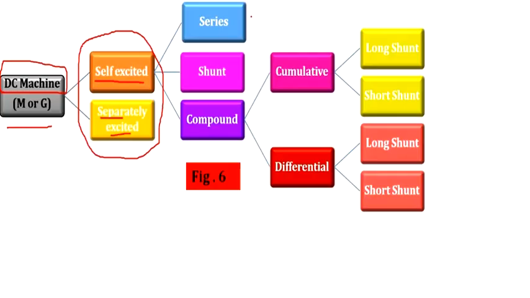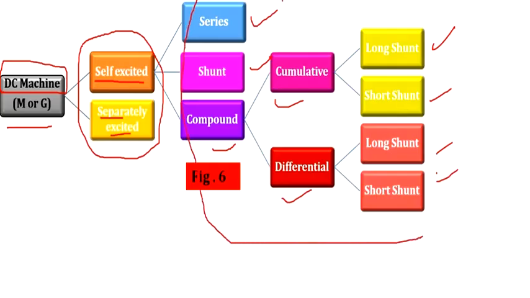The sub-classification of self-excited has three different types: series, shunt, and compound. The compound type can again be classified into cumulative and differential, and these two are again classified into long shunt and short shunt.